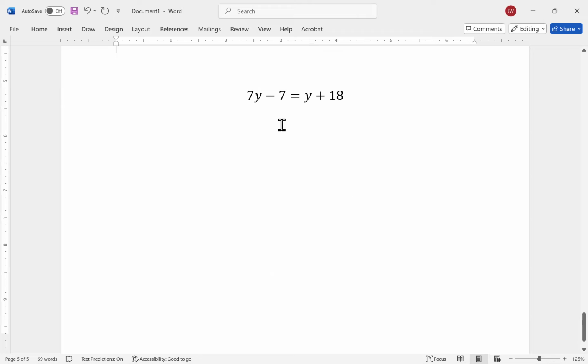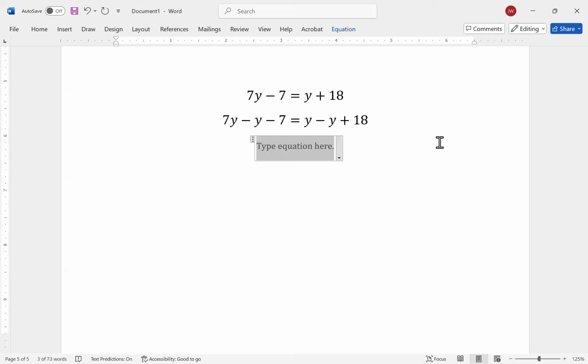On this next equation, we get 7y minus 7 is equal to y plus 18. I would subtract y from both sides. That'll get rid of the y on the right-hand side. I will get 6y minus 7 is equal to 18.